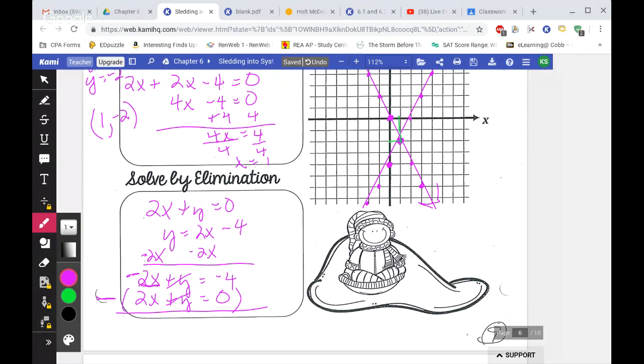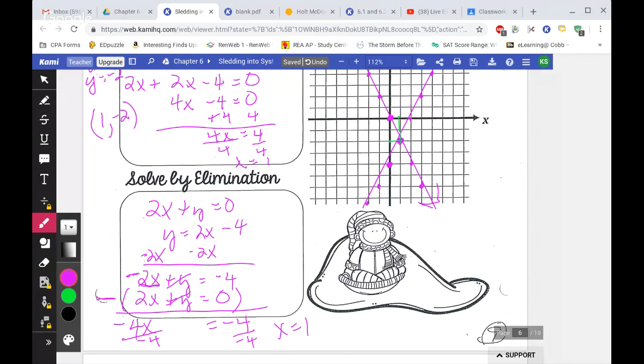So that would eliminate the y's. Now I have negative 2x minus 2x, which gives me a negative 4x. Negative 4 minus 0 is a negative 4. Divide both sides by negative 4, and x equals 1. Then I'll substitute that 1 back into either one of the equations.